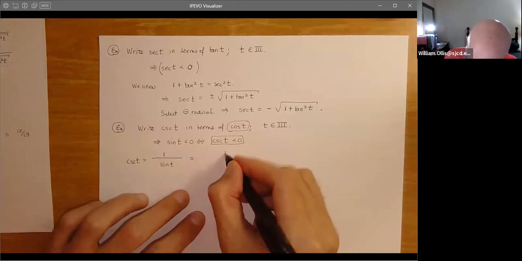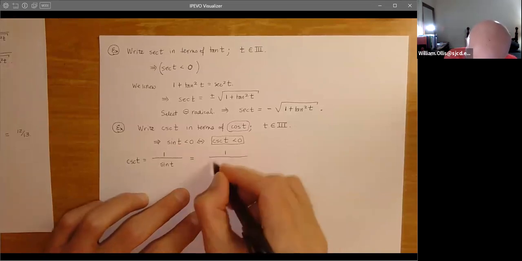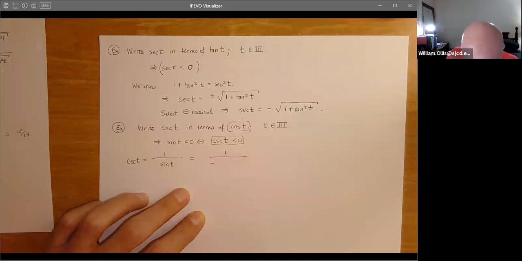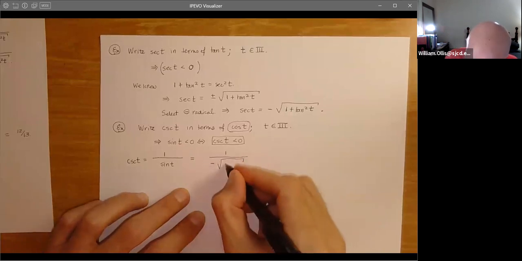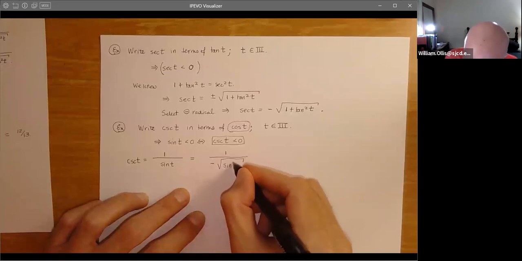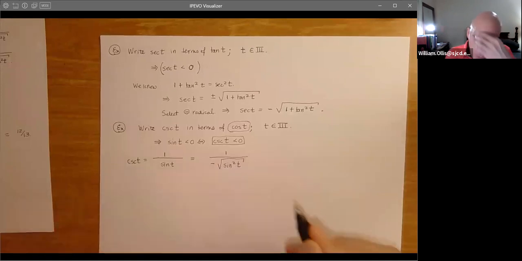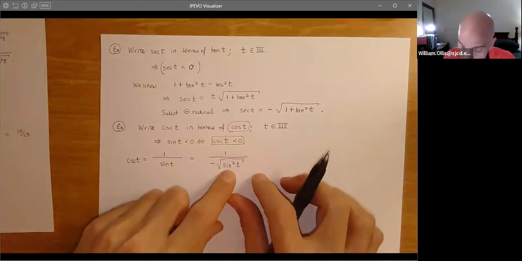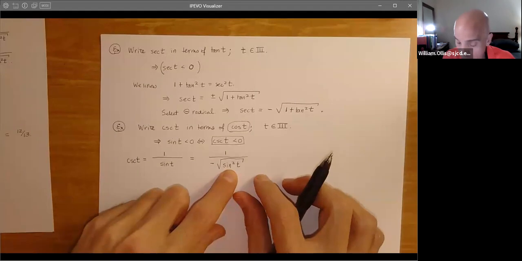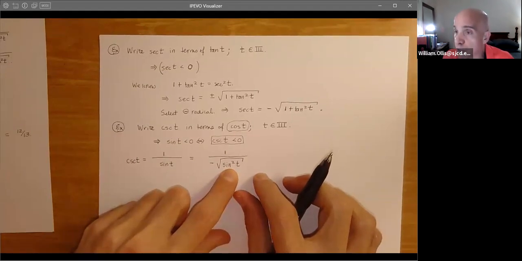So we'll say 1 over the negative of the square root of sine squared. Now, we know in this case that the square root of sine squared is the absolute value of sine, okay?